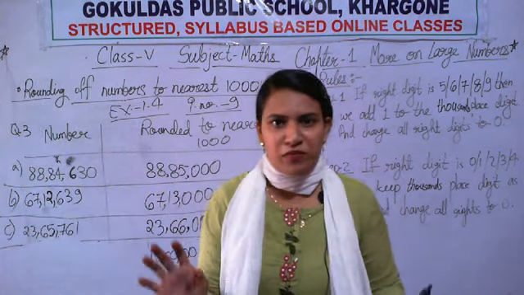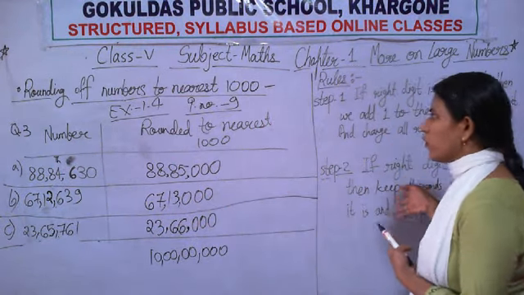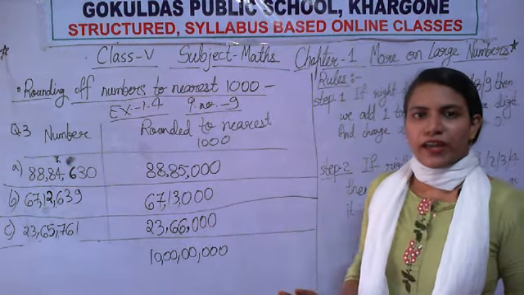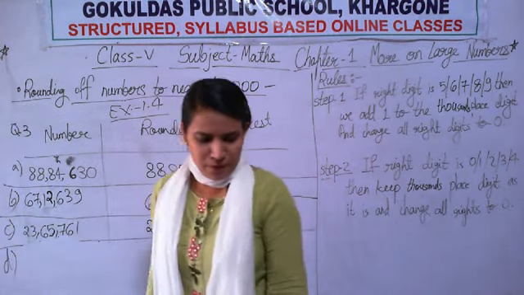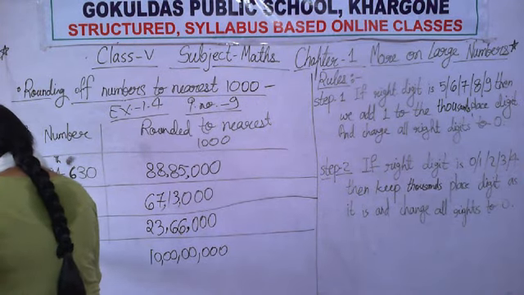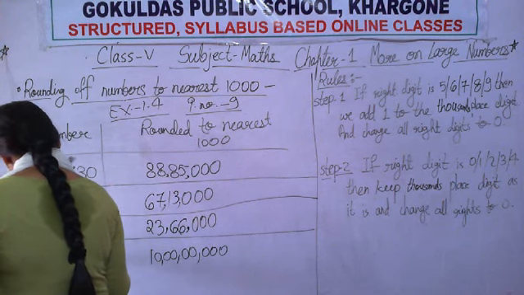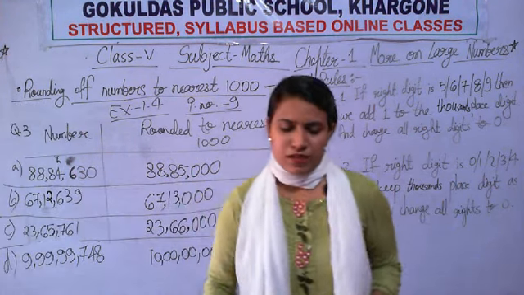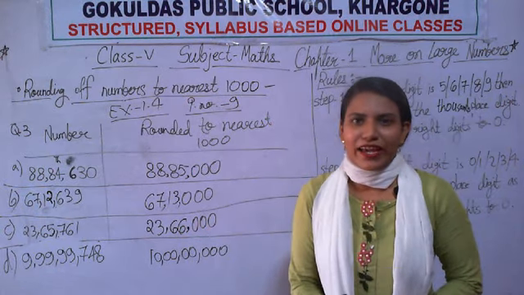Don't be scared of large numbers. You have to follow the same rules for all the given numbers, okay? Part E you have to do on your own, okay?